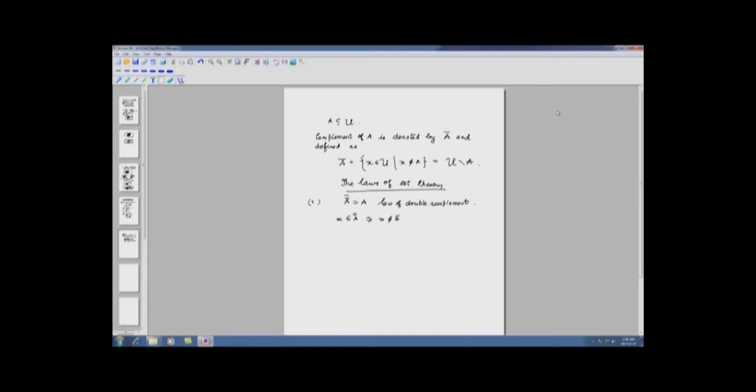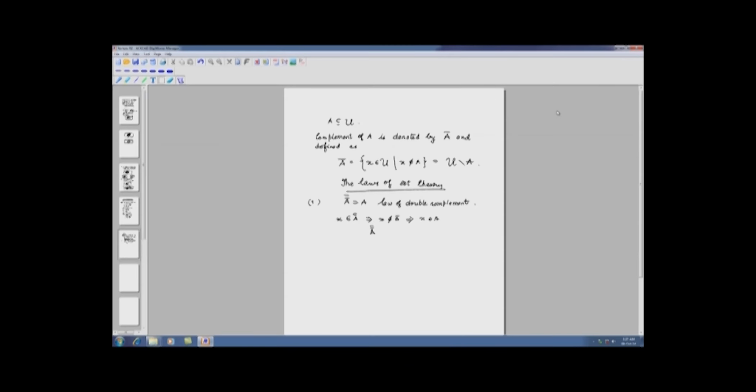Now, if x is not in A complement, this automatically implies that x is inside A. The reason is that A complement consists of exactly those elements which are not in A. So, if something is not in A complement, then it is of course in A. Therefore, we see that any element in (A complement) complement is going to be in A. Therefore, (A complement) complement is a subset of A.